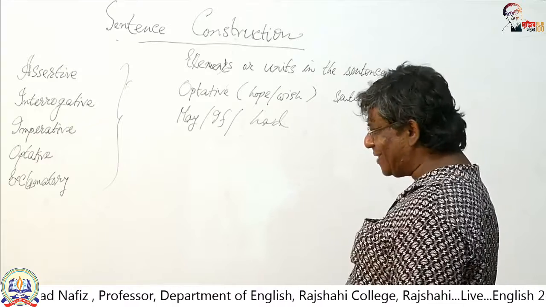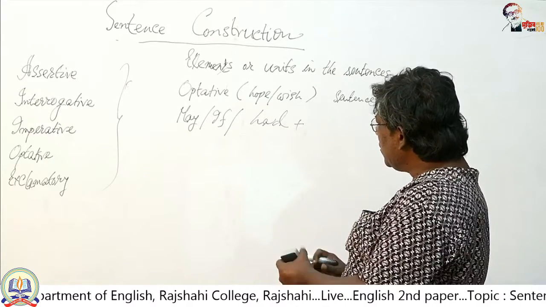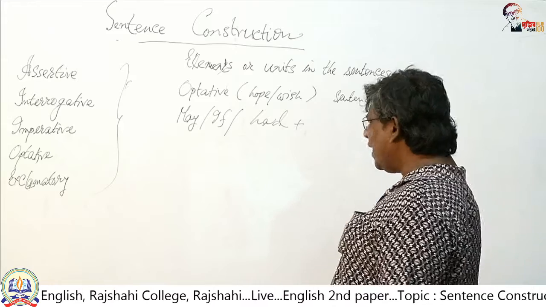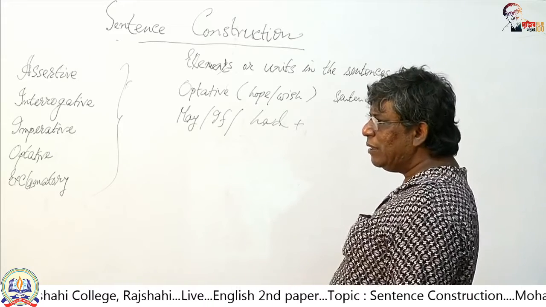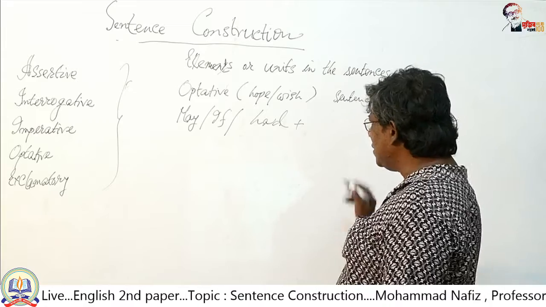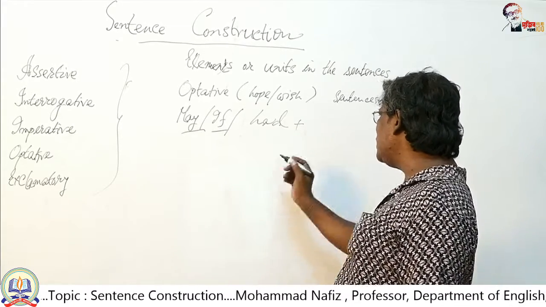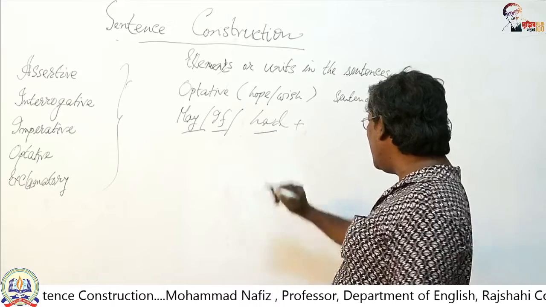If I had the wings of a dove. Had he been or had he gone there, he might get something. So operative sentences begin with either may or if or had.